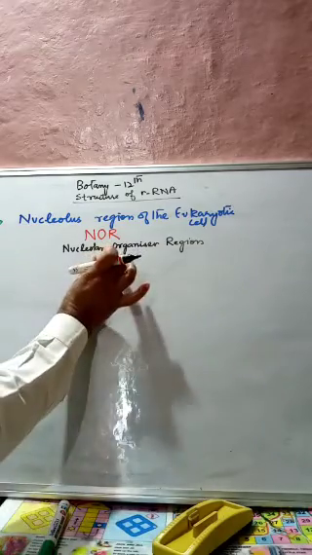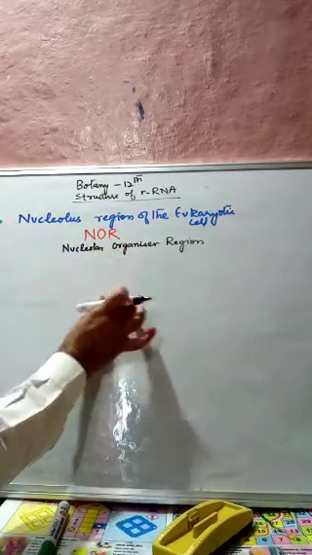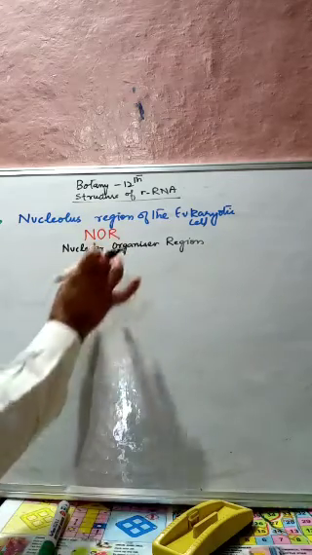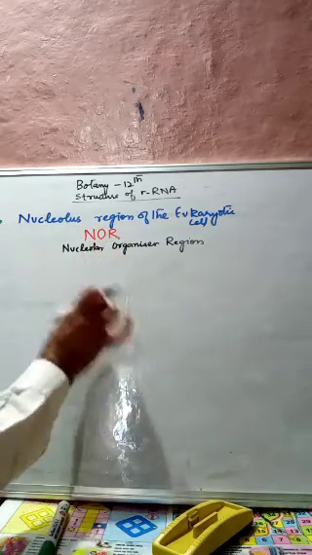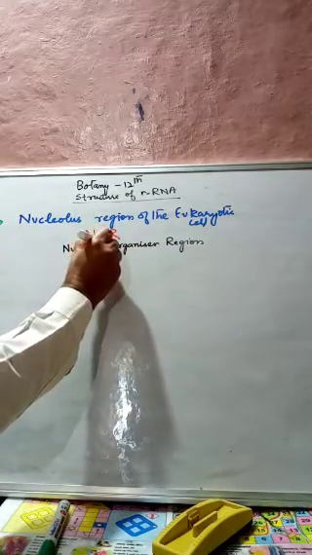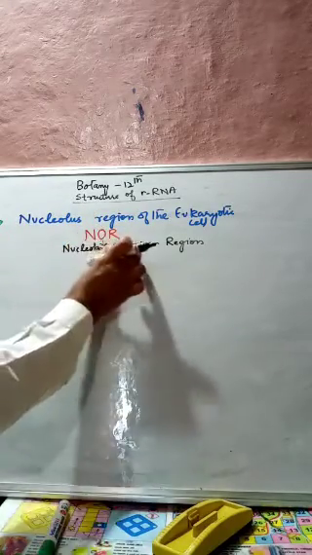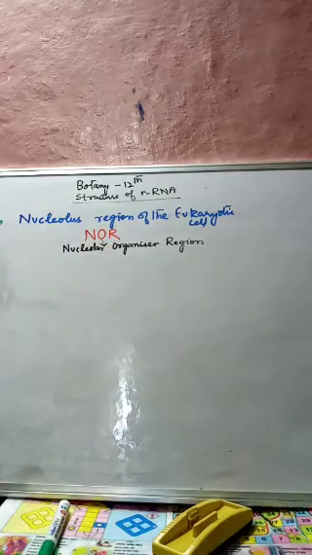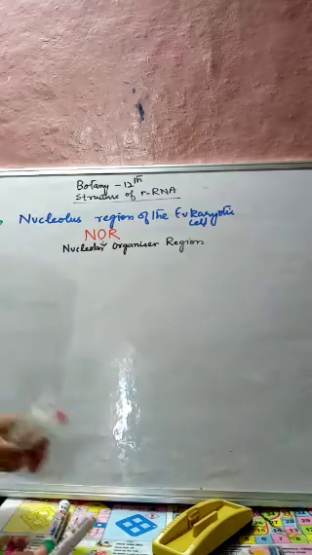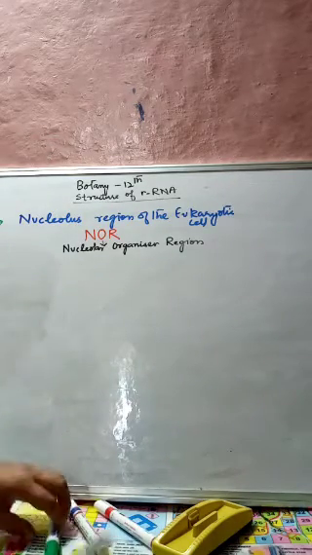So in the eukaryotic chromosome, there is the region called NOR, the nucleolar organizer region, where this rRNA is going to be synthesized.